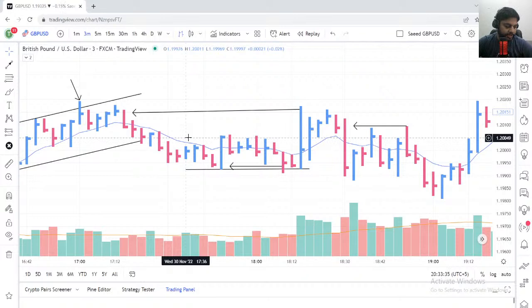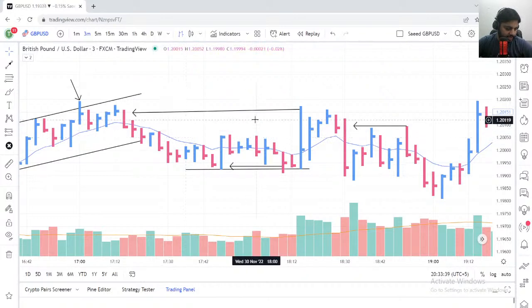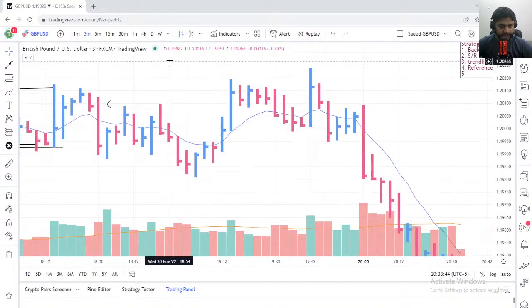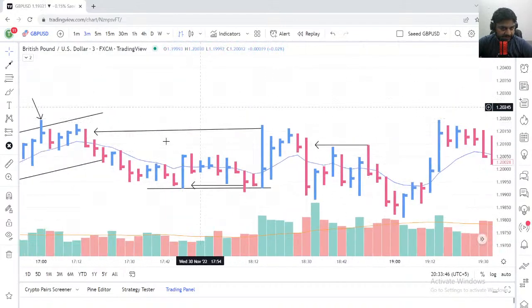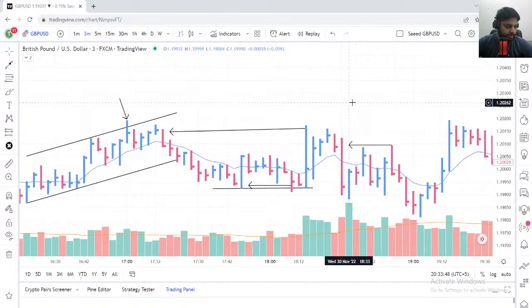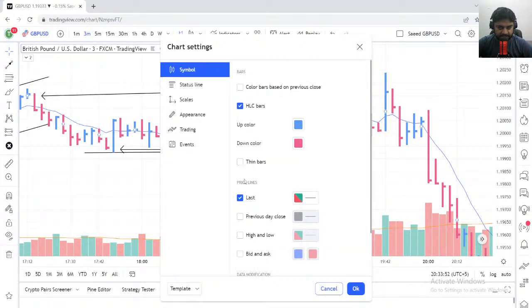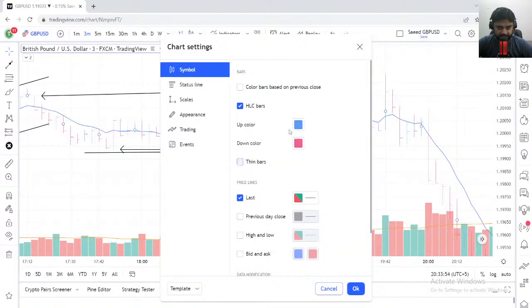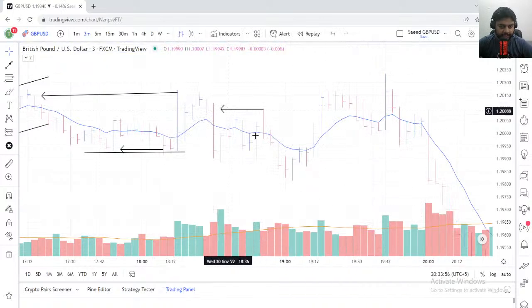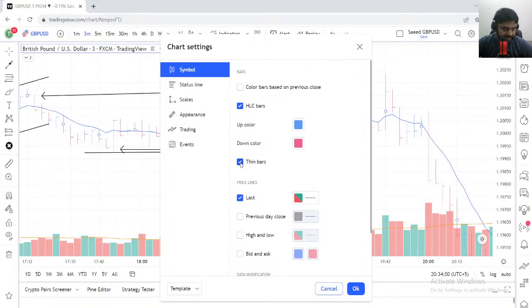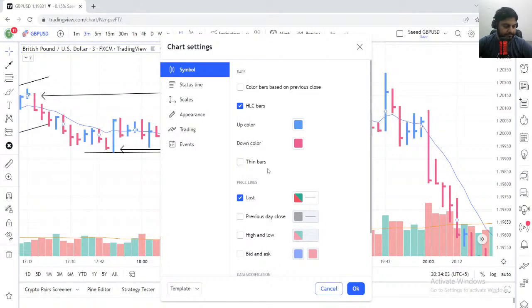Dear sir, in your chart the bars are different from mine. How to set them? Okay, I will tell you how to set the bars like me. So if your bars are looking like this, then you should double click over here, uncheck the thin bars, and then check the HLC bars.